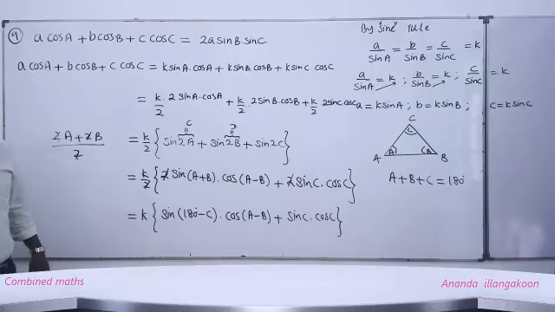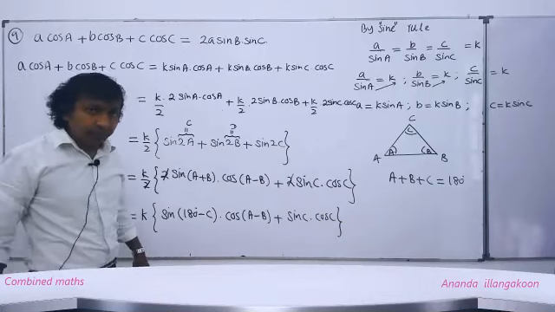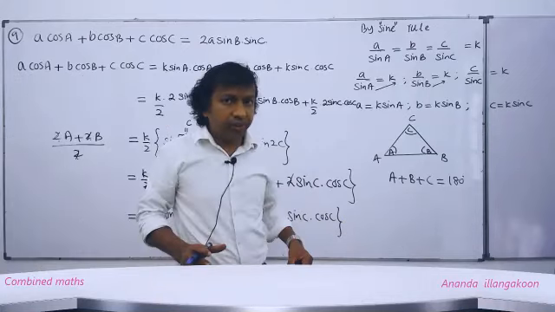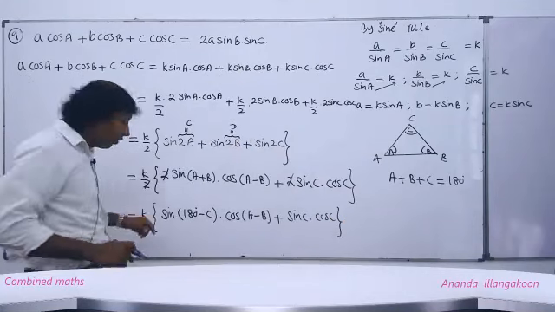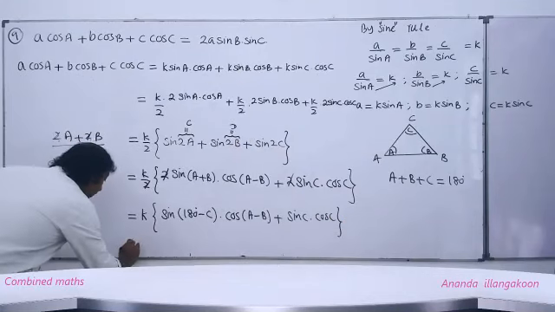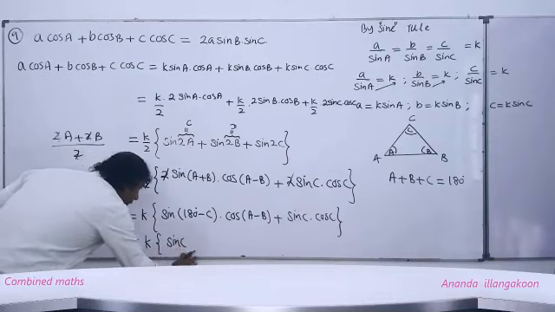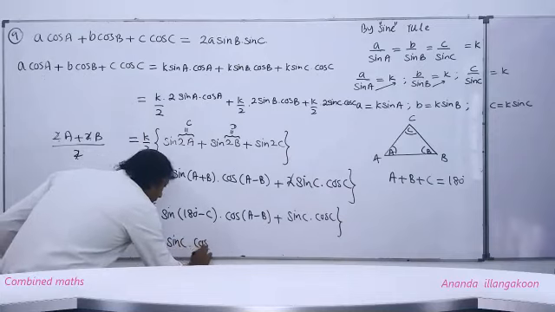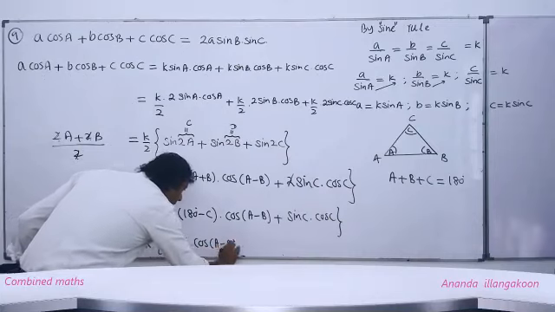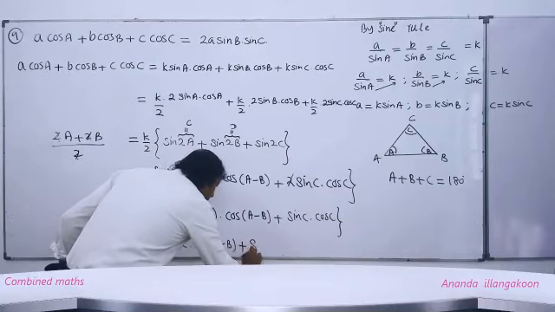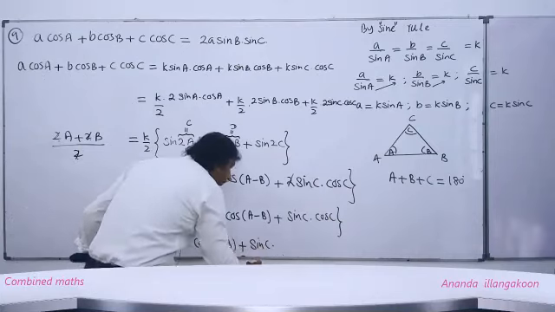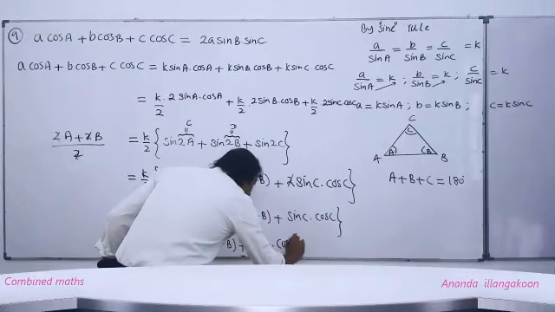Because sin (180 minus C) is what, people? Sin (180 minus theta) is sin theta, no? We learned that, no? Sin (180 minus theta) is sin theta. So sin (180 minus C) is sin C. Then we get K times sin C cos (A minus B) plus sin C cos C.